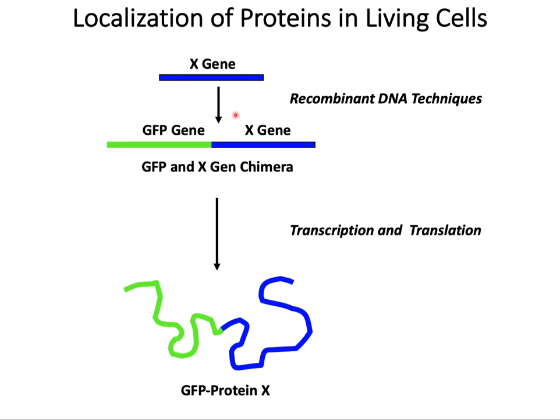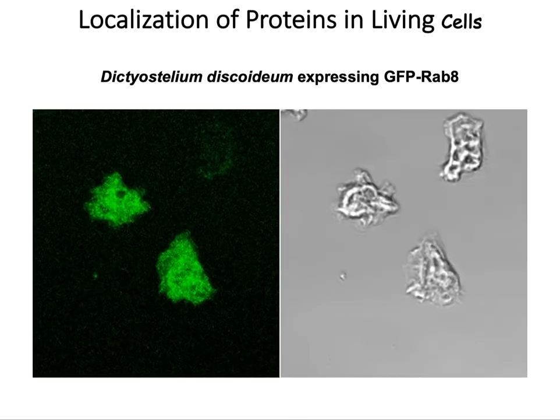Basically, you take the gene of your protein of interest and, using recombinant DNA technology, you attach the gene that encodes, say for example here GFP, to the gene that encodes the protein of interest, protein X. The GFP will fluoresce when excitation wavelength is applied at 492 nanometers, and you should be able to track the fluorescence of this protein in live cells.